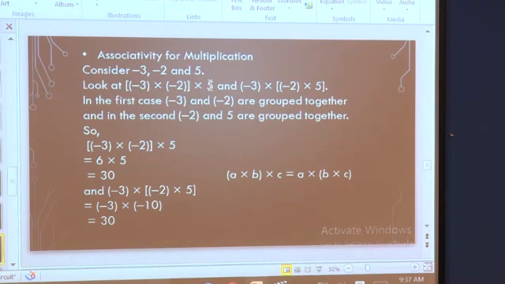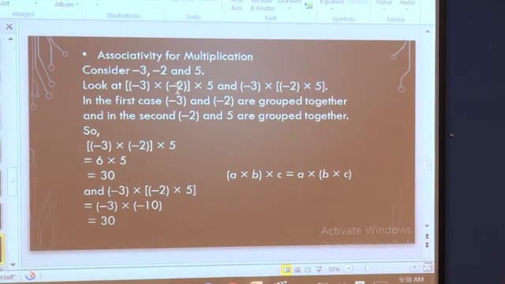Yes, I have multiplied with 5, and I have done the grouping in a different way. I have written -3 as it is, multiplied by the grouping of -2 and 5. So here I have written -2 multiplied by 5. This grouping and that grouping are different.